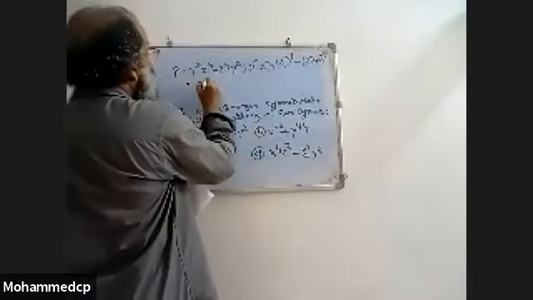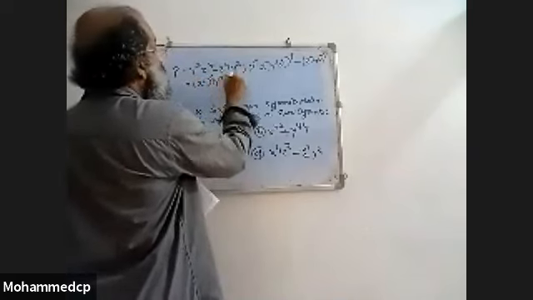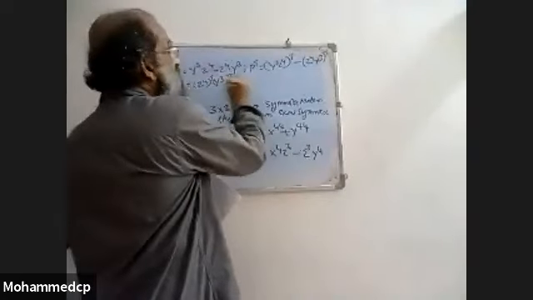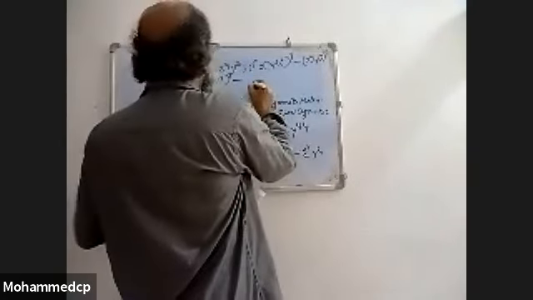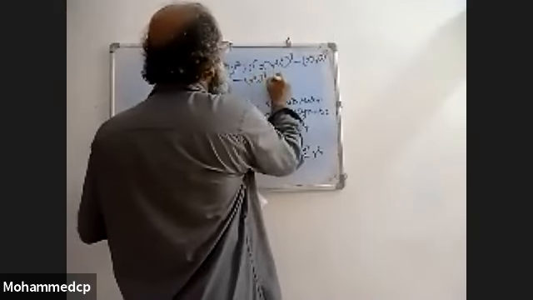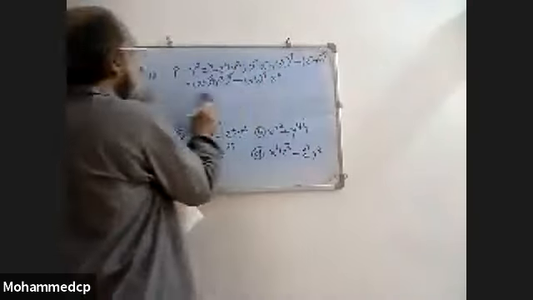Therefore, we get Z raised to 4 transpose into Y cube transpose minus Y cube transpose into Z raised to 4 transpose. That is the transpose of P.